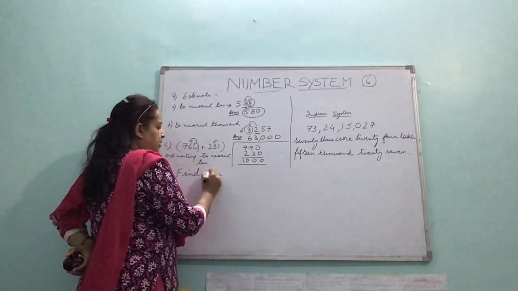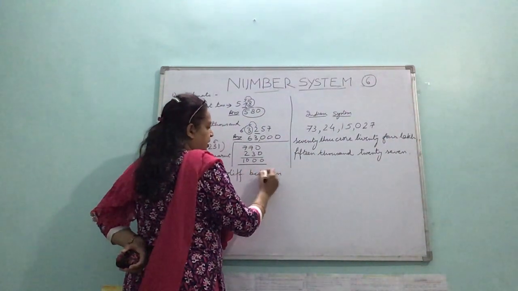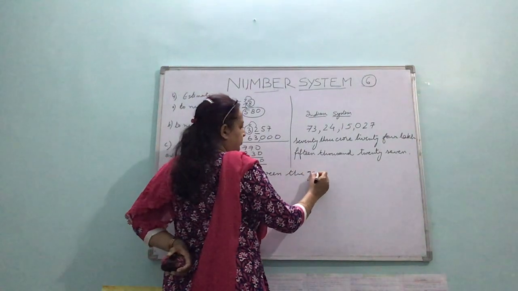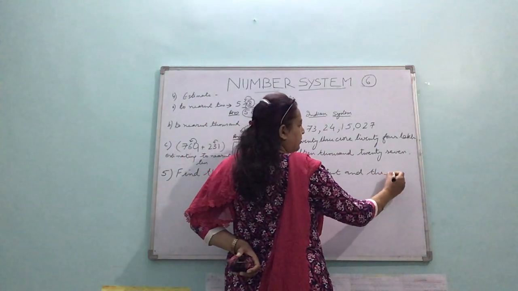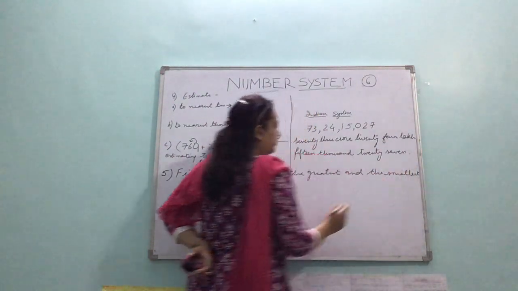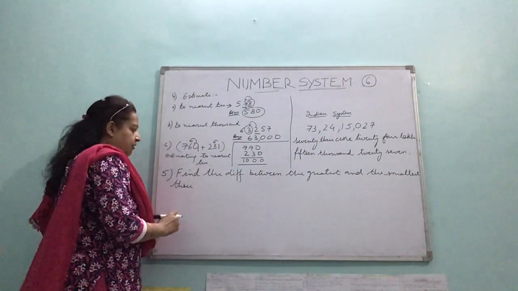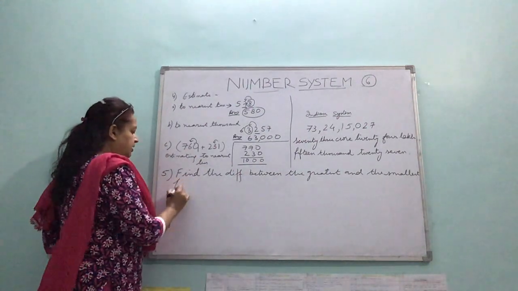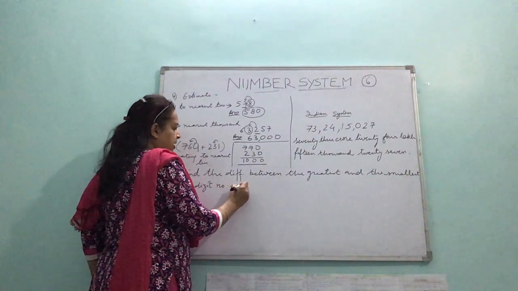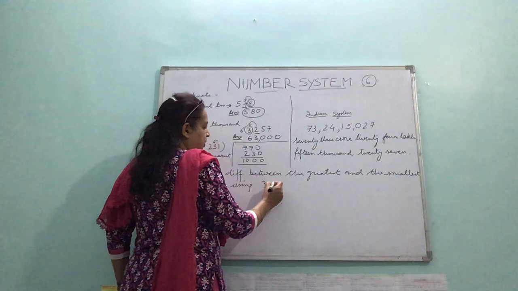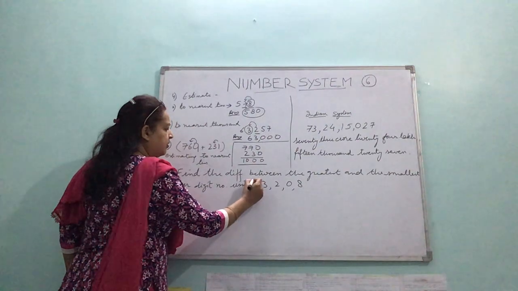Find the difference between the greatest and the smallest 4-digit number using the digits 3208.